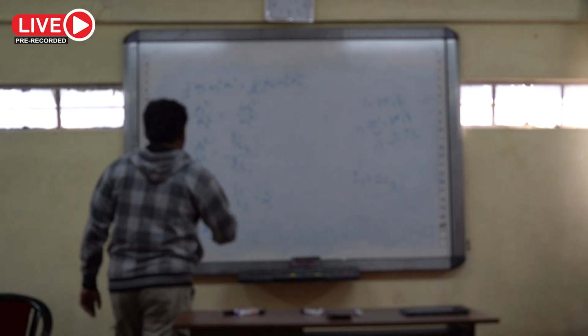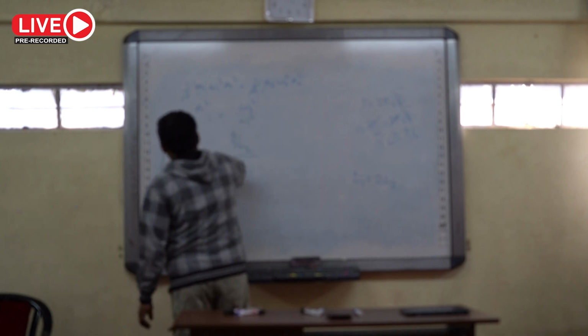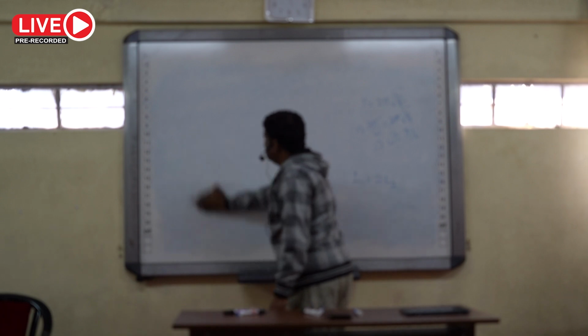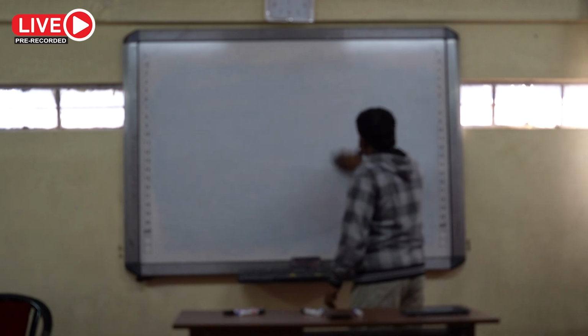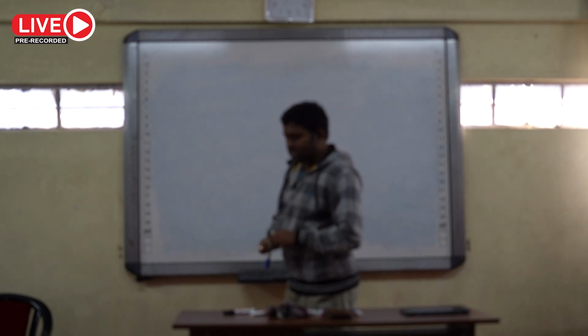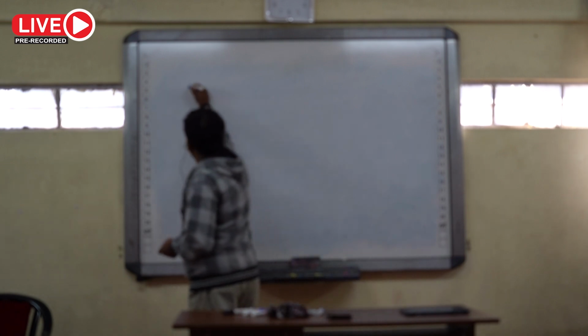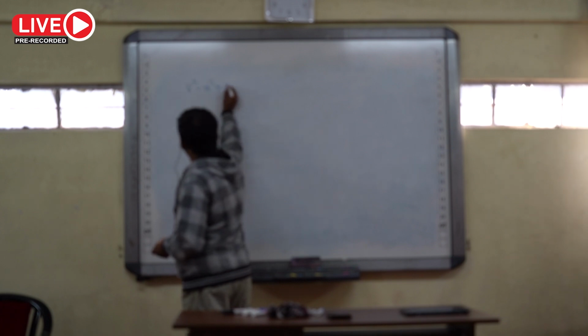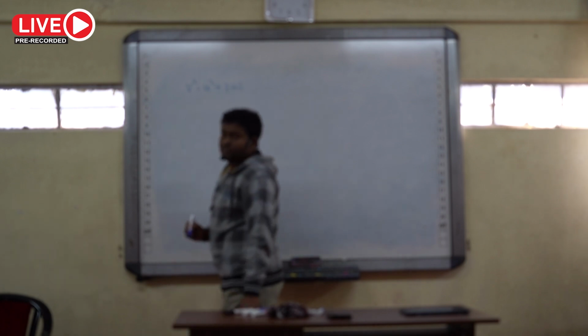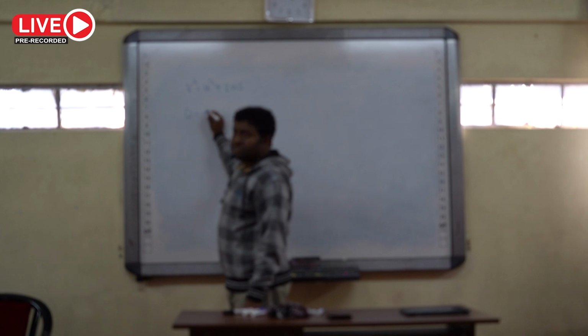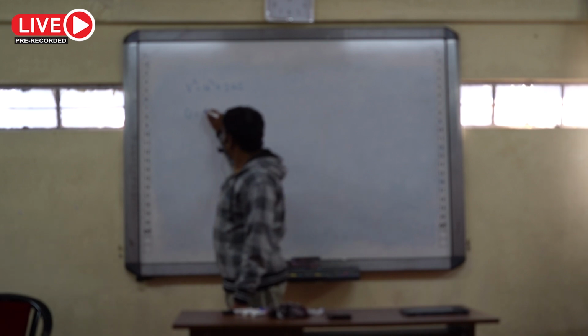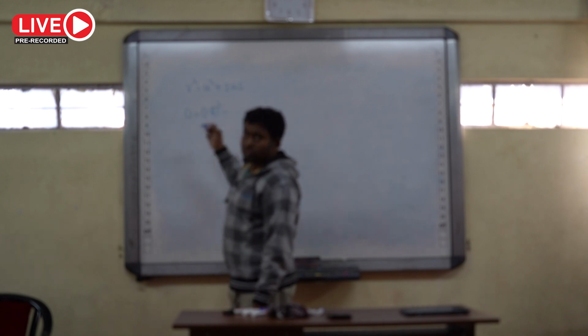If I use this equation, I can consider final velocity 0, initial velocity is given as 1.5, so 1.5 whole square, and it is producing retardation.